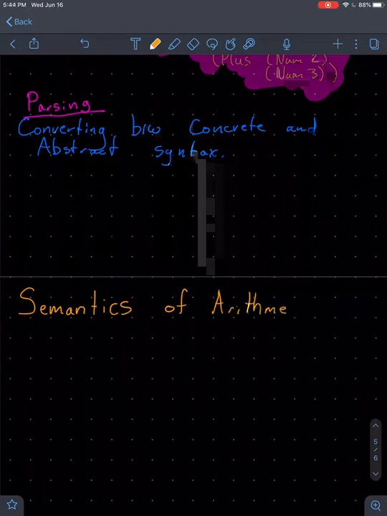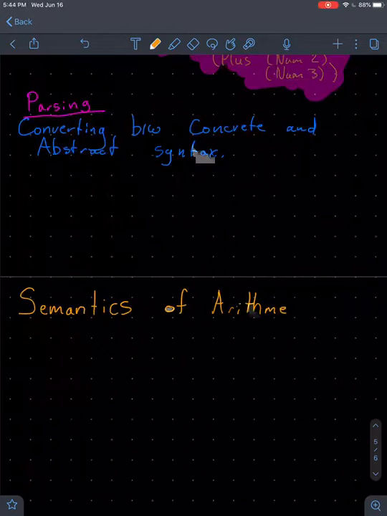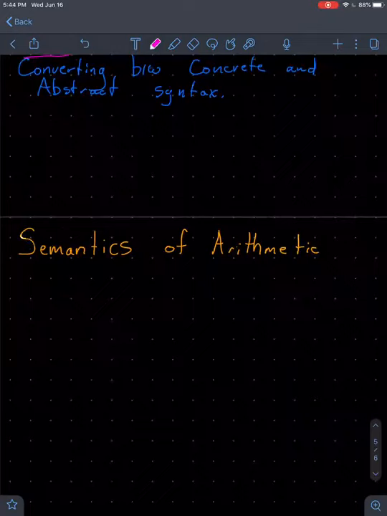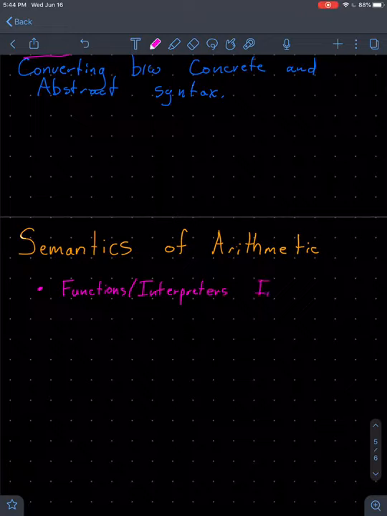Our semantics will usually be defined in 2 ways. One way we'll define semantics is with functions and interpreters implemented in Scala.